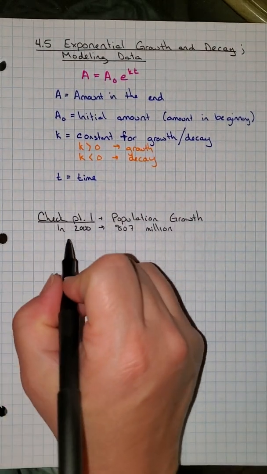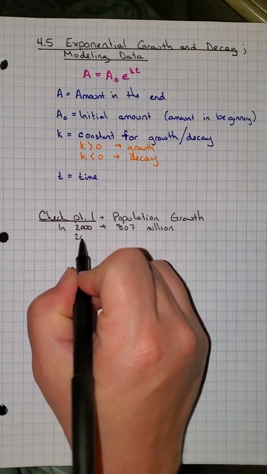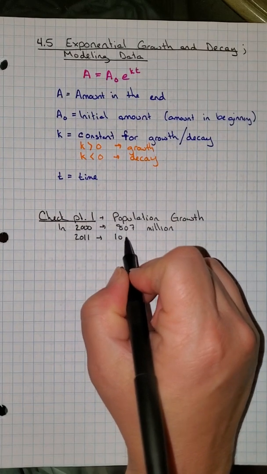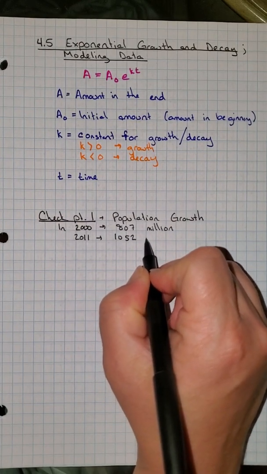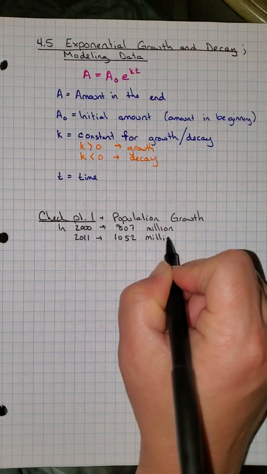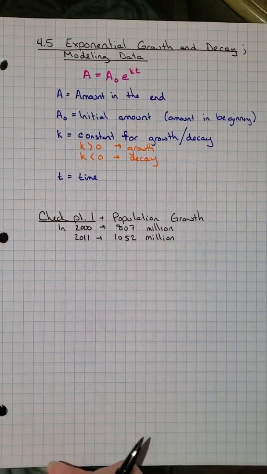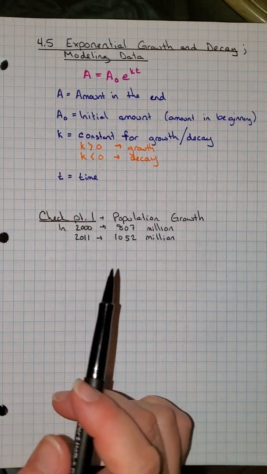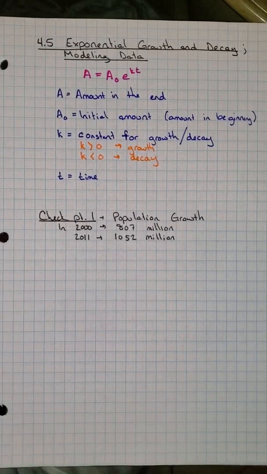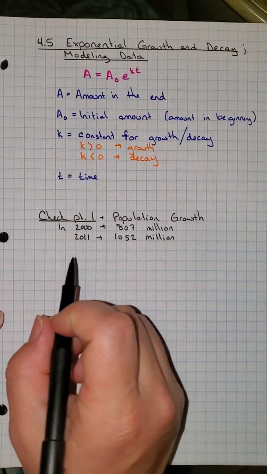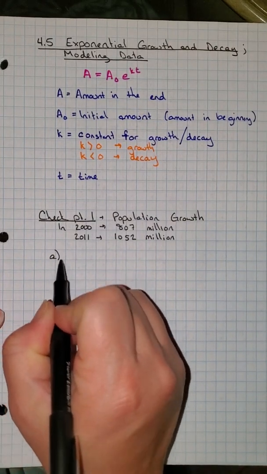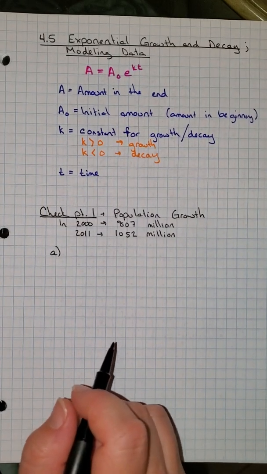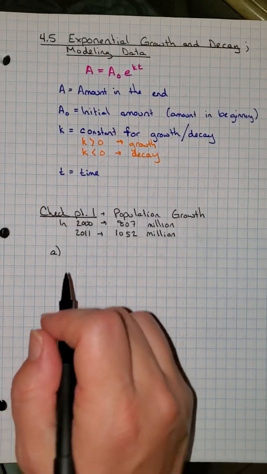And by 2011, it had grown to 1,052 million, which you'd really say 1 billion and 52 million, I guess. Okay, so for part A, it says use the exponential growth model, in which t is the number of years after 2000 to find the exponential growth function that models the data.